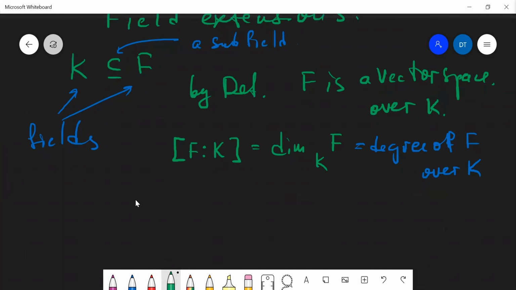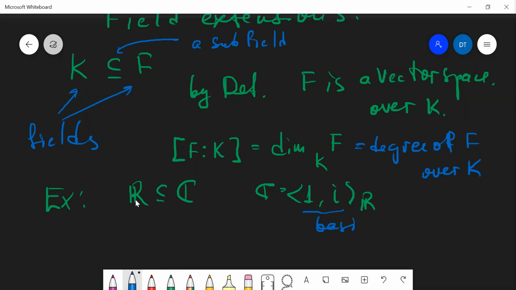And here's an example. If you take K to be R and F to be C, the complex numbers, then you see C is a vector space over R. And you may find a basis of C, which is 1 and i. So this is the basis. And the dimension of C over R is 2. So the degree of C over R is 2, because this is, by definition, the same number.